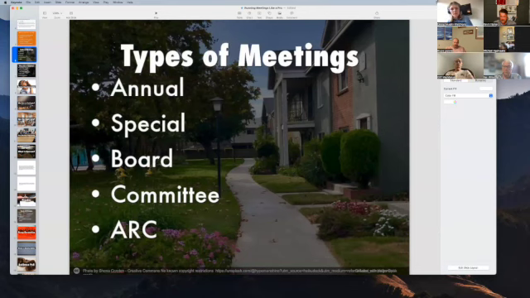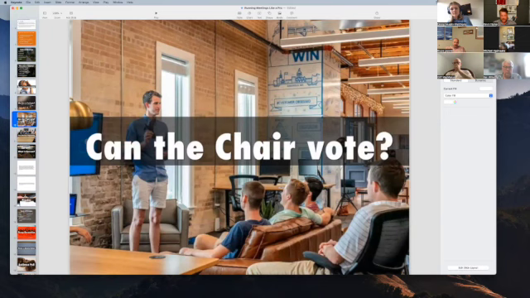All right. Here's one for you. And I hear this all the time, which is the chair of the association can only vote in the event of a tie. Has anyone ever heard that? A lot of you, yeah, a lot of you have. Yes. And let me explain why that most likely does not apply to you.